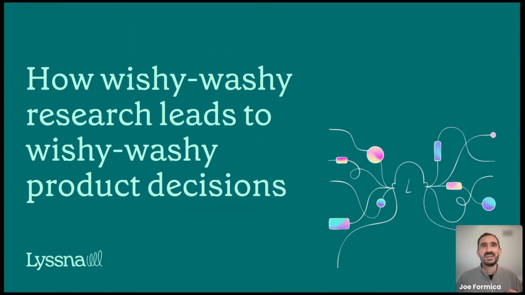Maybe getting debated in meetings, maybe having circular conversations and interpretations about it. But yeah, wishy-washy research, wishy-washy product decisions. We're going to learn how to identify those questions and how to improve them and turn them into questions and research studies that are going to lead to clear action, alignment, improvements to your product.